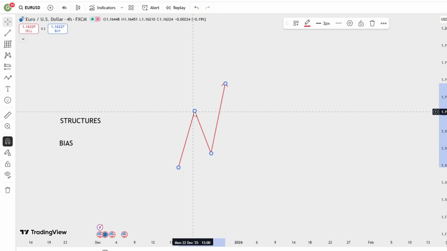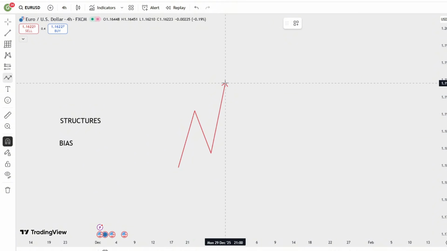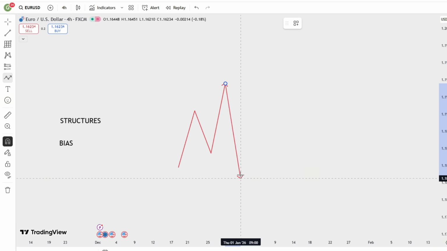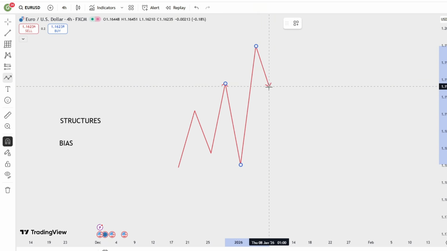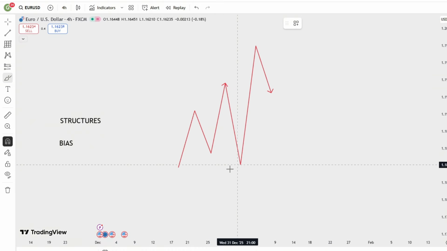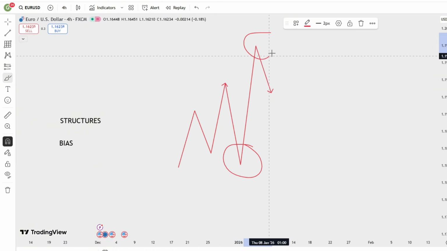Now you have your BOS. No. You have a valid structure only when the price sweeps an old low or old high, whatever, and creates another one. So here, in this point, here and here, you got a valid structure.